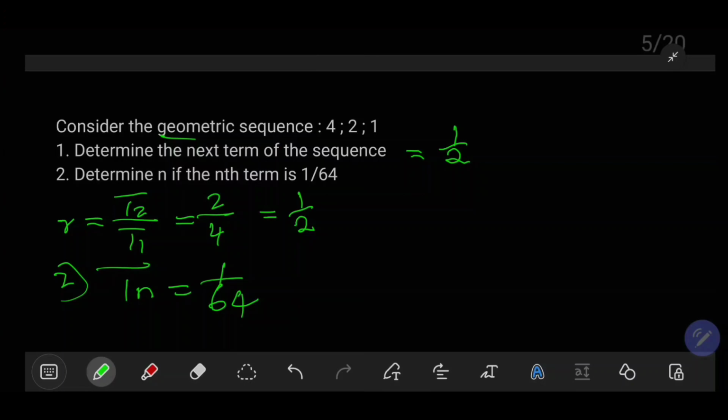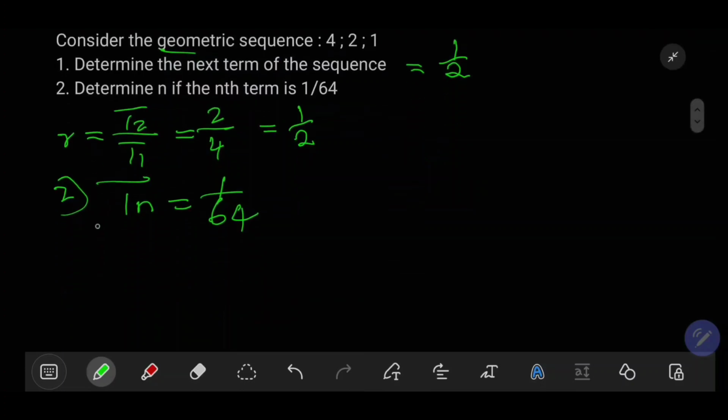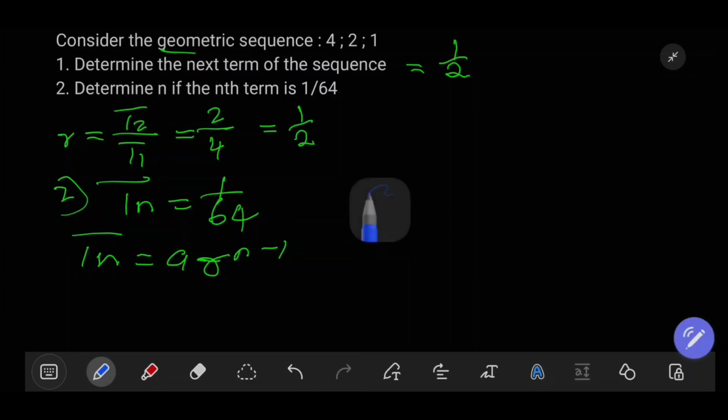It means that we must find the value of n from the geometric sequence. So remember, geometric sequence Tn is equal to a r to the n minus 1. Our Tn value, we know it. So what is our a value in this case? Our a value is 4.